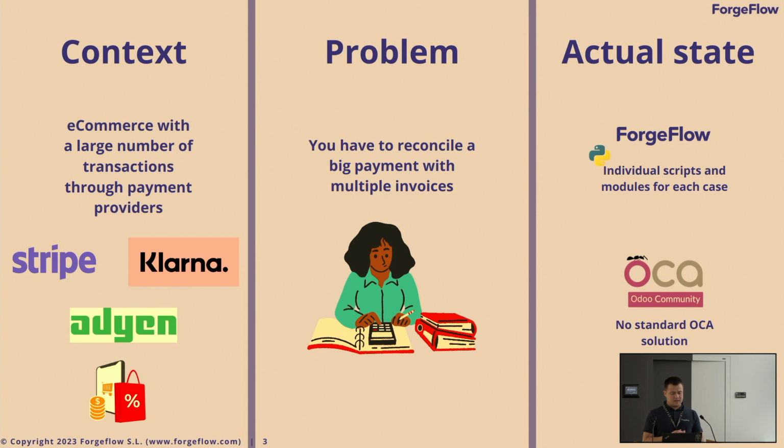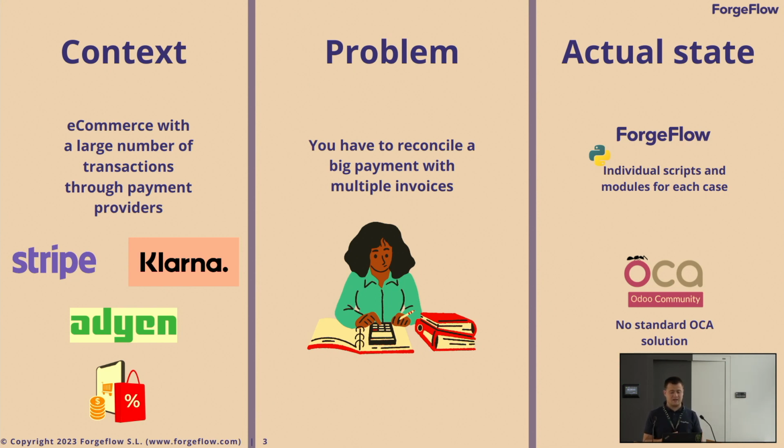Let's start with the context. We in ForgeFlow and also a lot of partners in the OCA work for e-commerce companies that have a lot of transactions and invoices from B2C. But the payments are done through a payment provider.